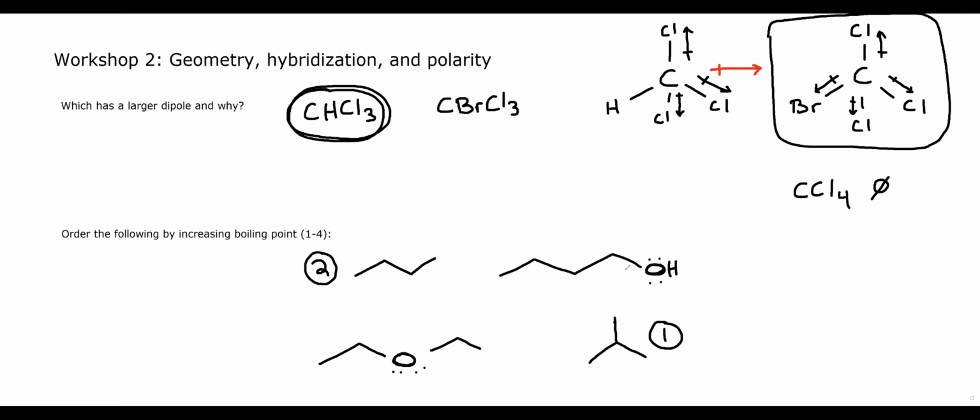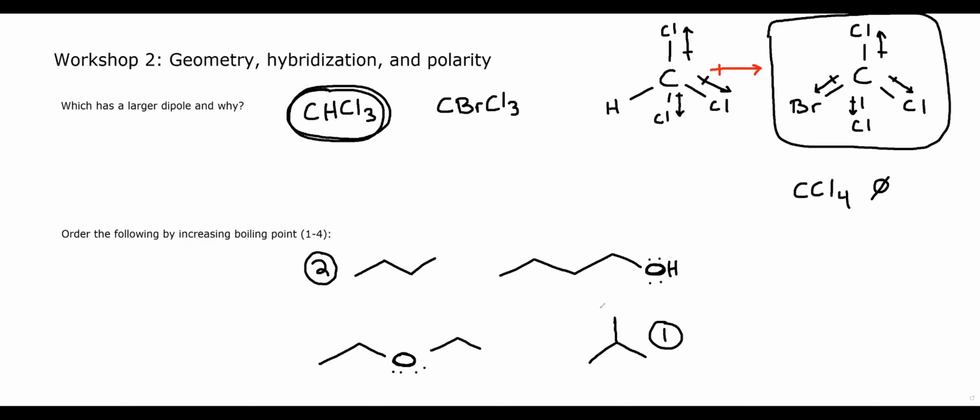So comparing our 2 hydrocarbons here, a straight chain versus a branched one, a branched hydrocarbon will have a lower boiling point because it has less surface area, which produces less fleeting dipole interactions. Okay, and then we have 2.